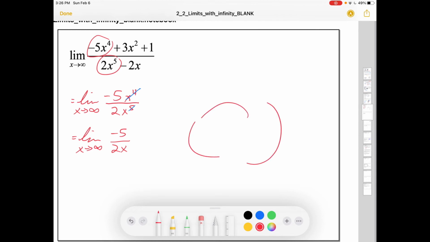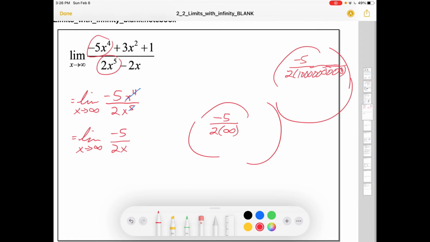I mean, imagine putting infinity into that. I'm putting it in a thought bubble because you can't really sub in infinity. Negative 5 over 2 times infinity, that's going to be 0. Or if you're having a hard time thinking about that, think of it as putting in a big number. 2 times a bajillion. That's going to be something very, very small, because you've got a big denominator. So this is heading towards 0.